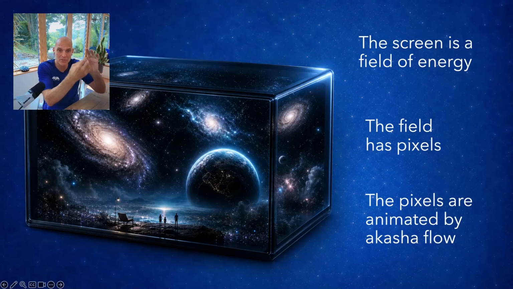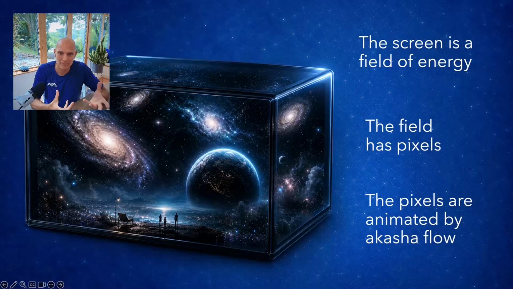They each have some information going into them, which shows up as a different color. And over the whole screen, that presents the whole picture. That's how TVs work. Well, imagine that the whole universe is doing that. So the pixels of the universe are animated by acacia flow, the flow of non-physical information. That's what's animating everything.